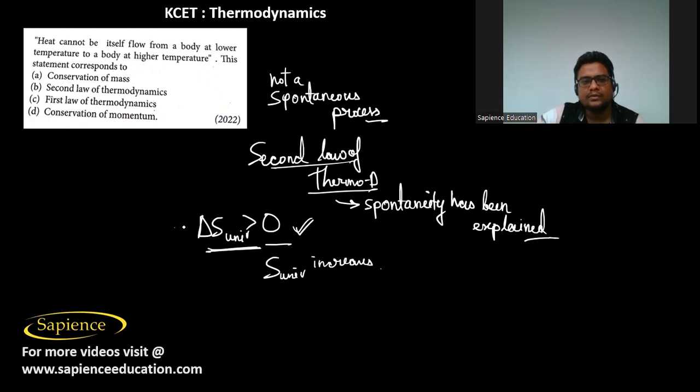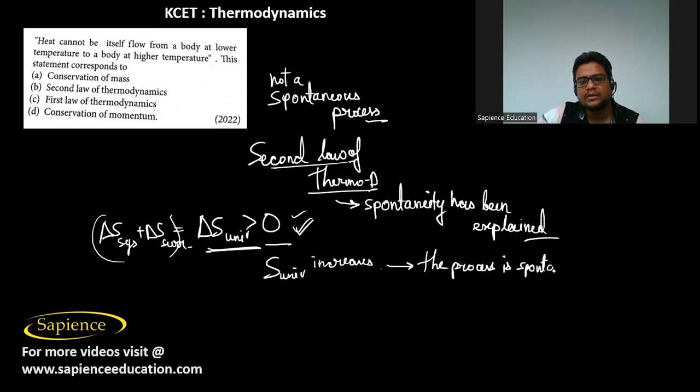Now, entropy of the universe is the sum of the change in entropy of the system plus the change in entropy of the surrounding. So if the sum of these two is greater than zero, then only the process is spontaneous.